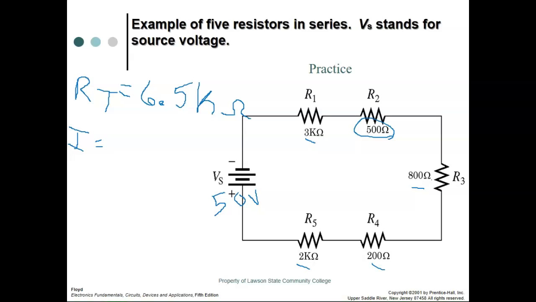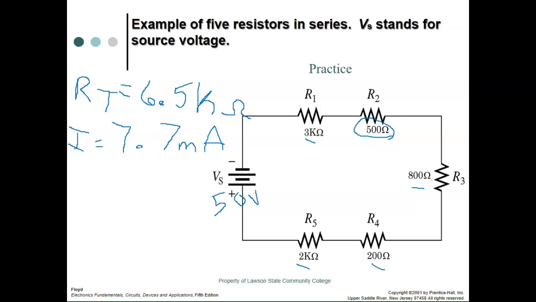So 50 divided by 6,500. So 7 point 7 milliamps.